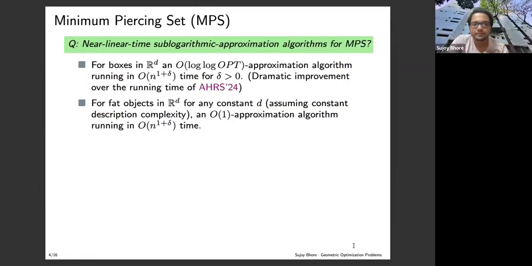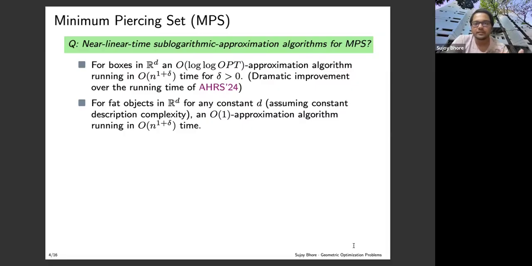So our first result is to answer this question of the near linear sub-logarithmic approximation algorithm for MPS. For boxes in R^d, we get a log opt approximation, which runs roughly in n to the 1 plus delta for some constant delta greater than 0.